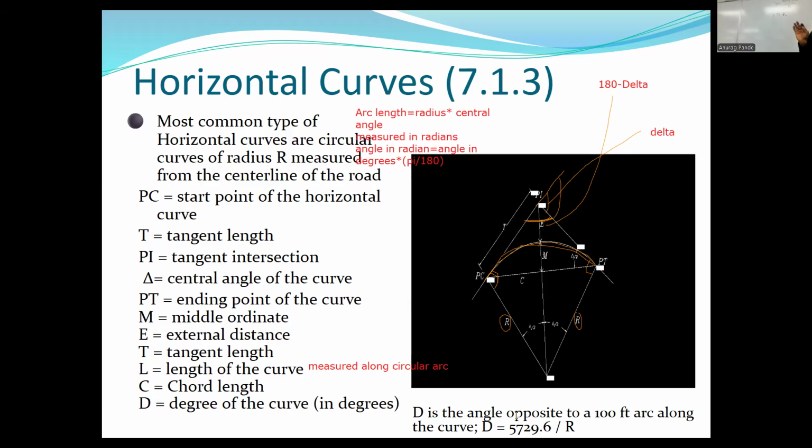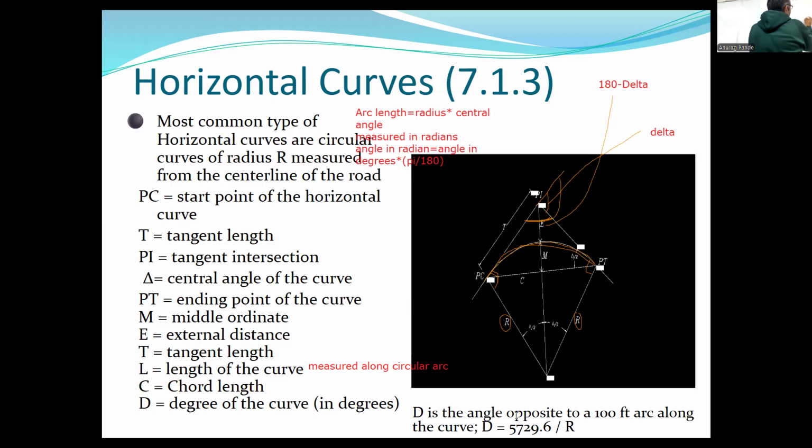If you think about the full circle, what is the central angle of a full circle? 360 degrees, right? So 2 pi R is the arc length for the full 360-degree angle.